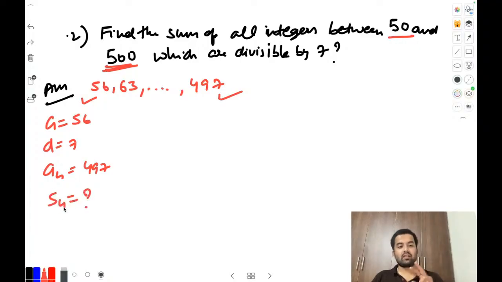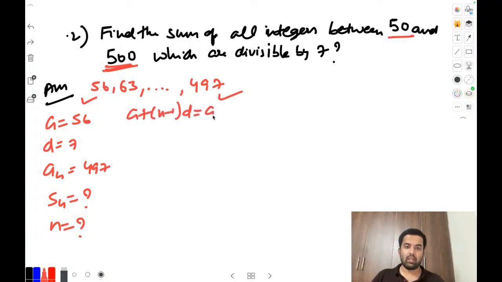But for finding the sum, we need the n value also, right? So here what we'll do first, we'll apply the formula to get the n value, then the sum formula. So we'll apply the first formula, a plus n minus 1 into d is equal to an. Keep the values. 56 plus n minus 1, d value will be 7, equal to an.